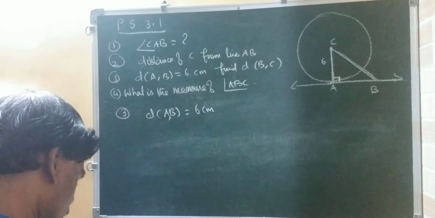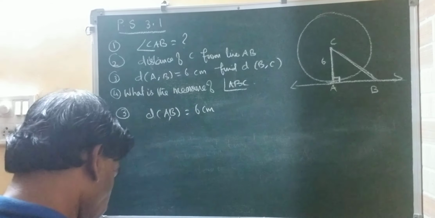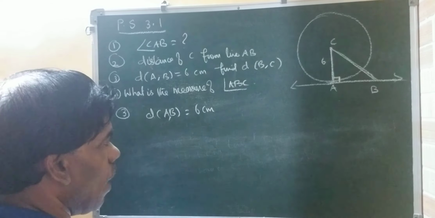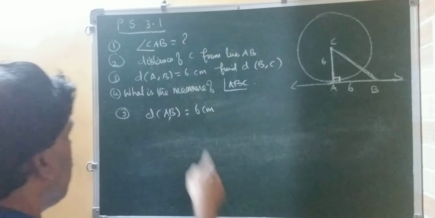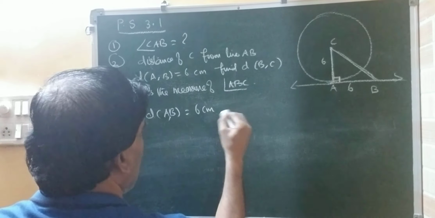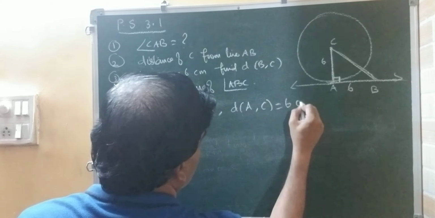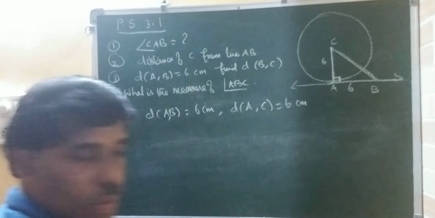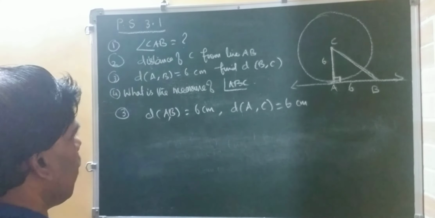See here very carefully. CA is 6 centimeter. Also, AB is 6 centimeter is given to you. AB is 6 centimeter and distance of AC is also 6 centimeter. We got it. Okay.